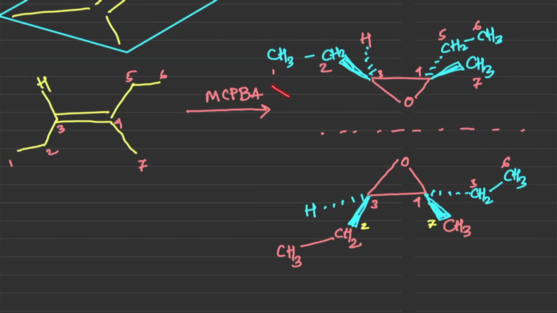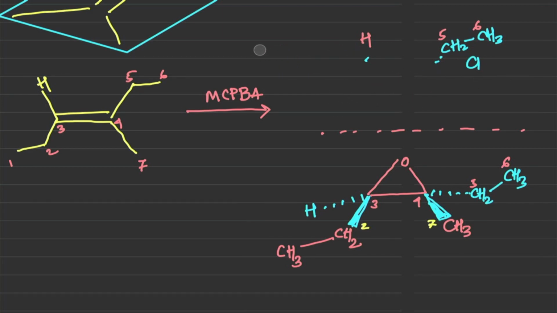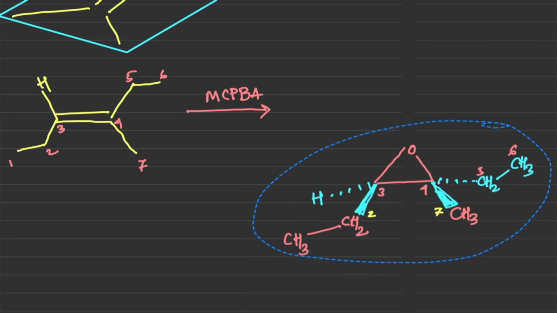Again, you don't need to do it this way. Just know that oxygen on the epoxide can be added to the top of the double bond or to the bottom of the double bond. People don't draw like this. Usually when you draw the epoxides for problems and everything, I will show again.